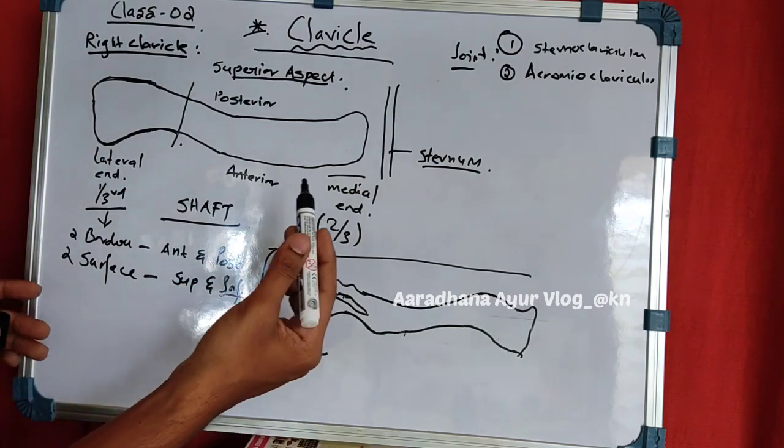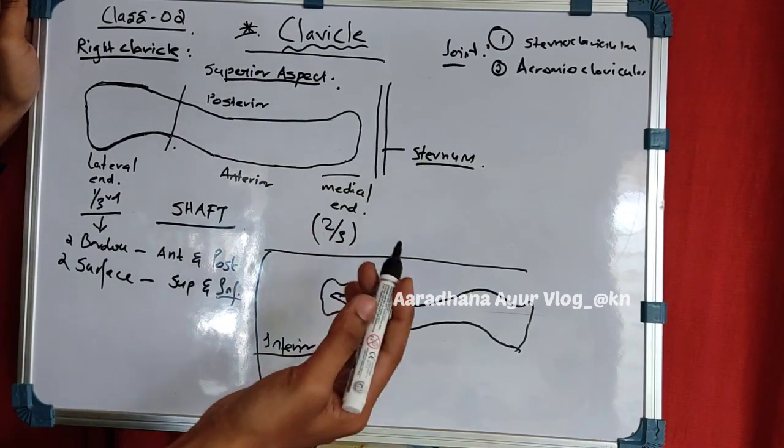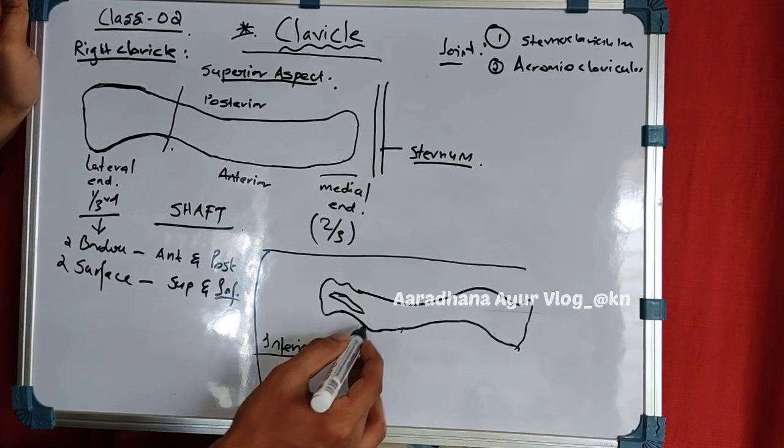I had told that the inferior surface has an elevation called the conoid tubercle.